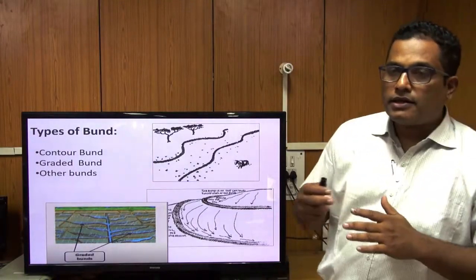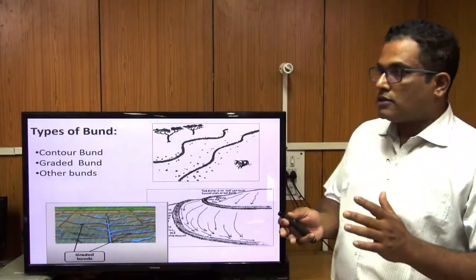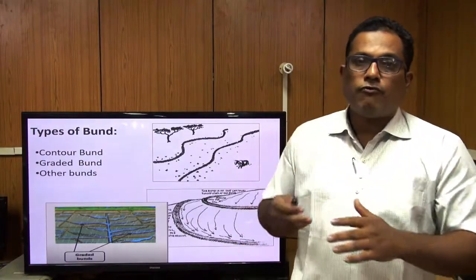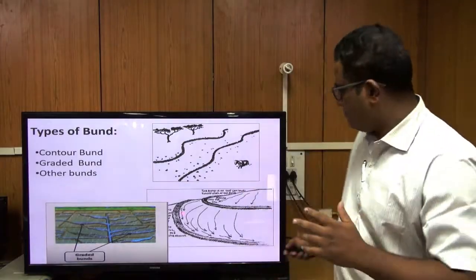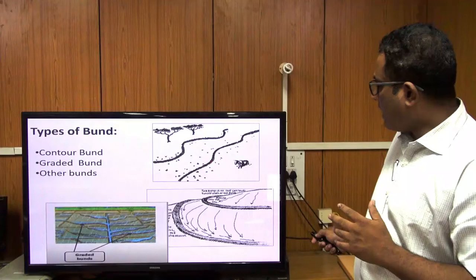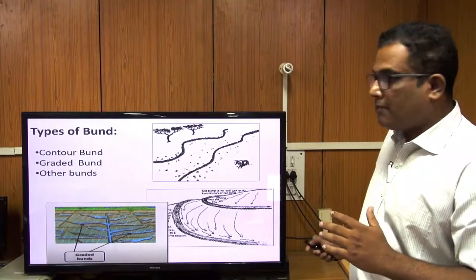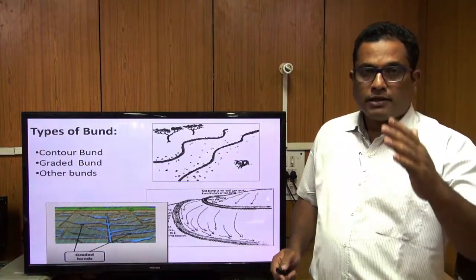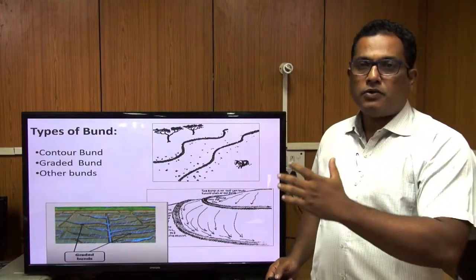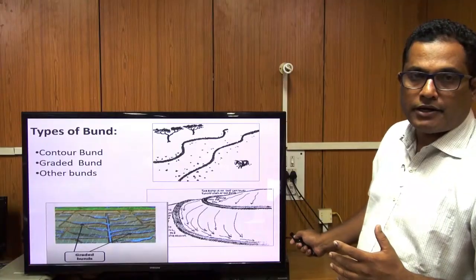Now another advantage of contour bund is that it not only ponds the water and increases the infiltration rate, it is also useful for soil erosion control. If water is coming from the upstream side and getting ponded across the barrier of this bund, along with the water it will also carry the soil, the topsoil, and the topsoil will be deposited here.